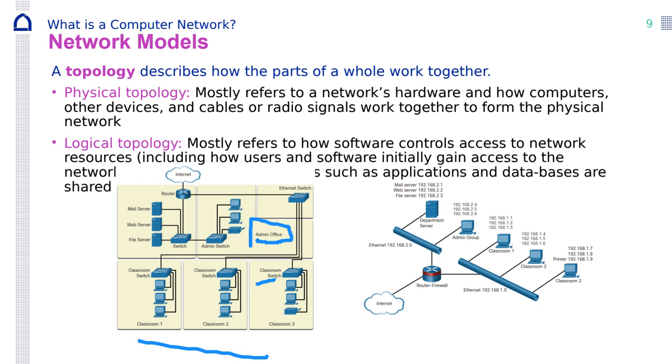Does it tell you in which room, which building? No. You are given the IP address. Here we are not given the IP address. Look here, no IP address. We have names. So it is important to know the difference between them. Any questions?